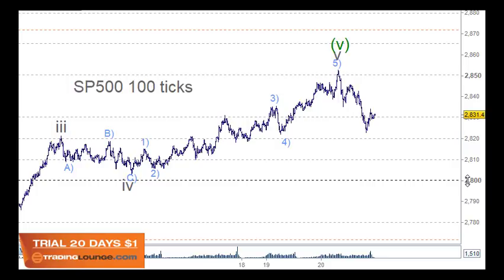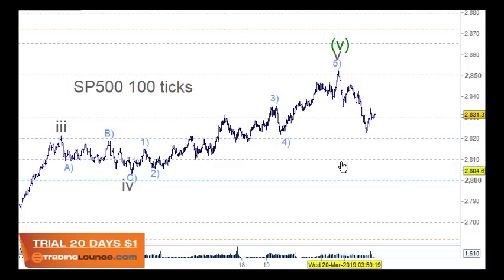The first thing is to really understand that we would need to see an impulse wave down here, and we don't have that yet. So what we can do, as I just mentioned, if the 2820 becomes the retested resistance, and you have difficulty counting the 5 waves down, then that can help you confirm that that's the case.